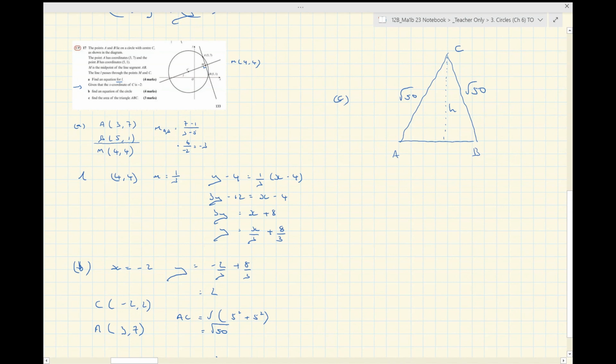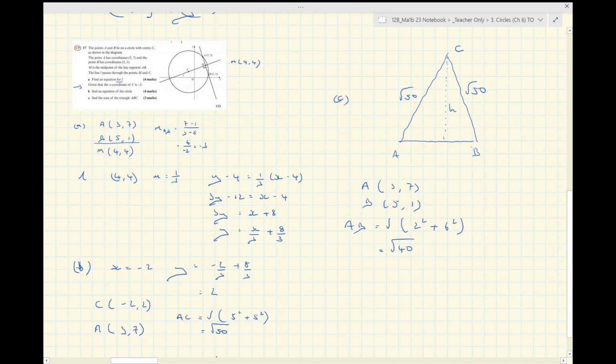Now, I don't know its height yet, but I could find AB, the length of AB, because I know that A is 3, 7, and I know that B is 5, 1, which means that the length of AB is the square root of 2 squared plus 6 squared, which is the square root of 40.